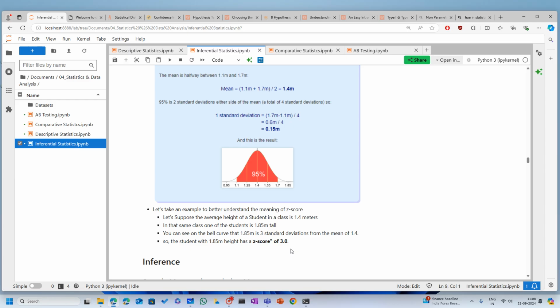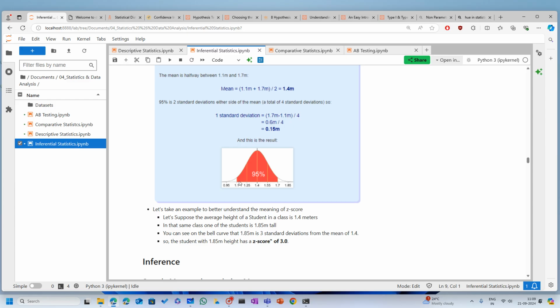Whereas if we consider a student who is barely 1.2 meters high, in that case, will the Z score be -2? Yeah, if the height of the student is 1.2, the Z score is the coefficient of sigma in which region that particular data point lies.